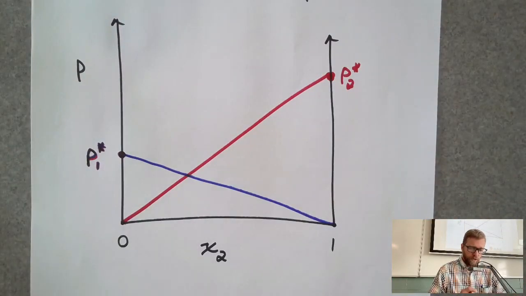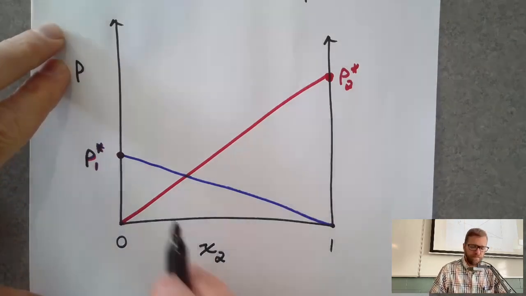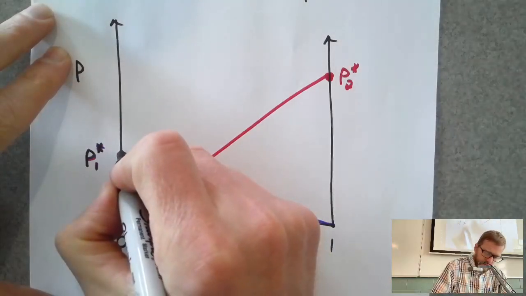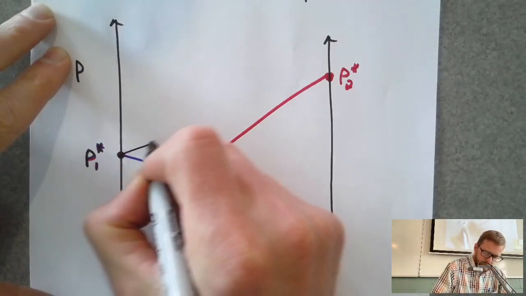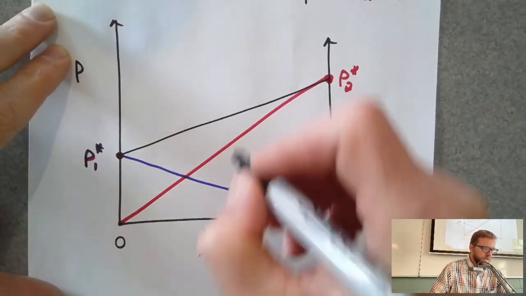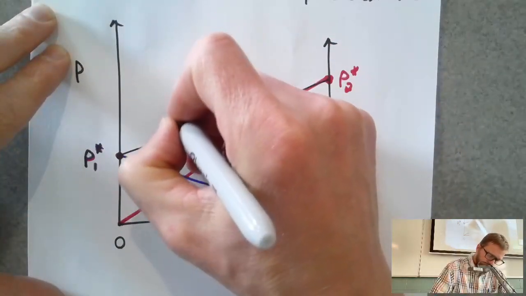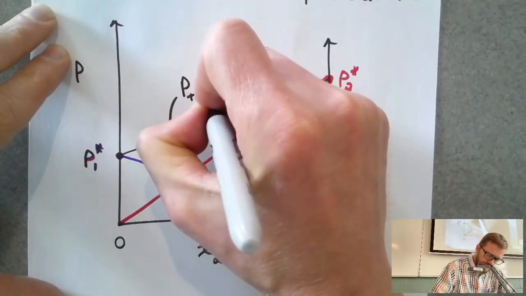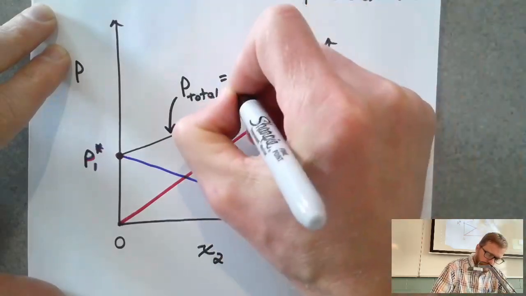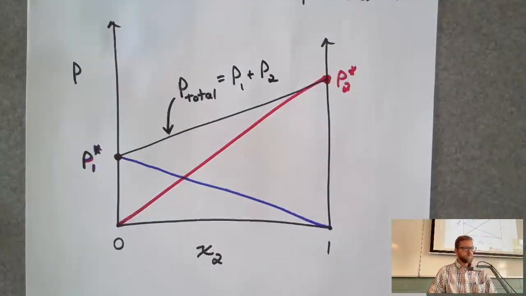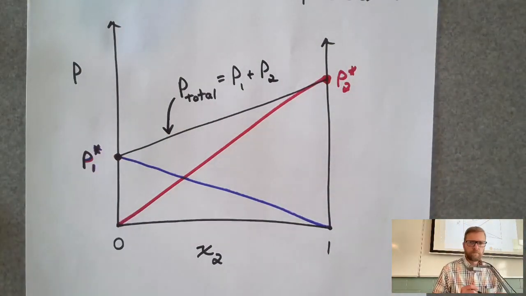So the total pressure is the sum of these two pressures, right? And it looks like this. This is P total. So it is also linear.